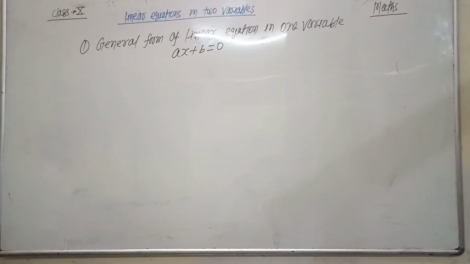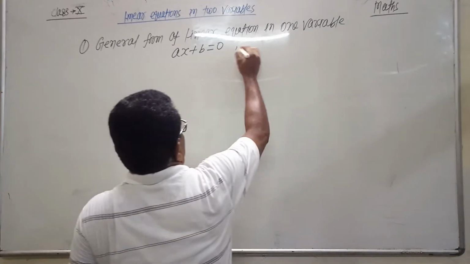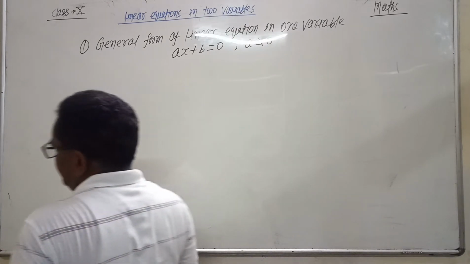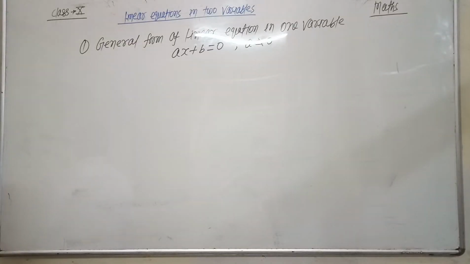This is the linear equation in one variable and it is called the general form, where a should not be equal to 0, which we have already studied in class 9.